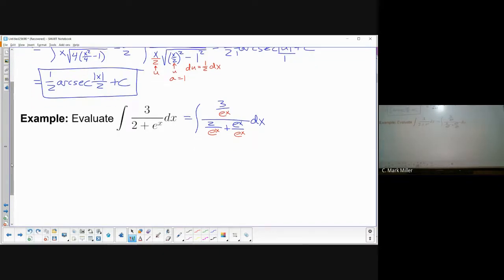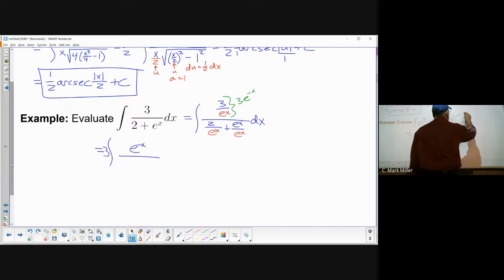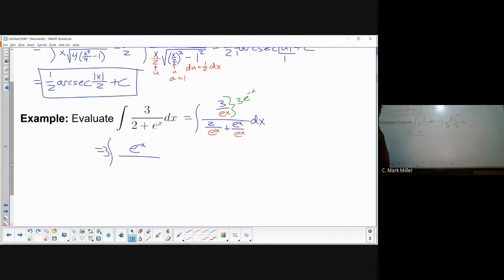What did that do? Watch. Up top, I have 3 over e to the x. Let's bring the 3 out. But then I have e to the minus x. Right?